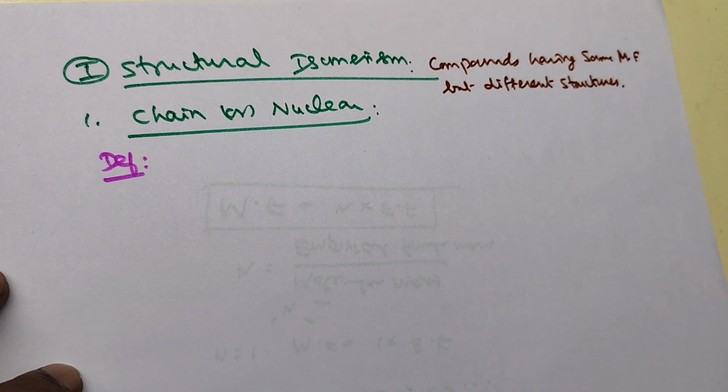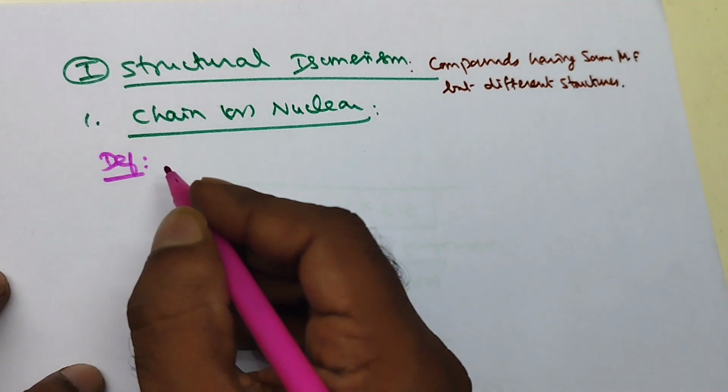Compounds having the same molecular formula but different arrangement of carbon chain within the molecule are called chain isomers. How can I define it?